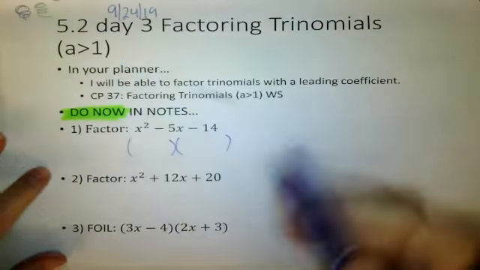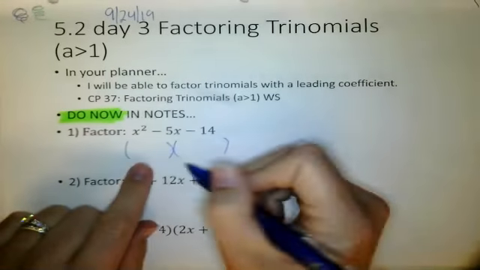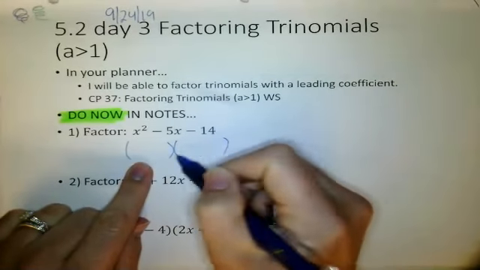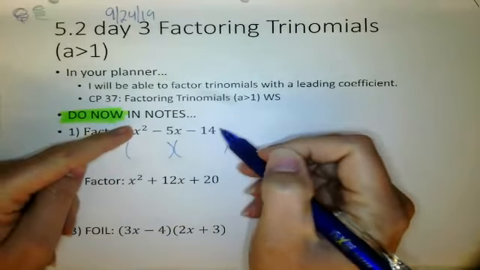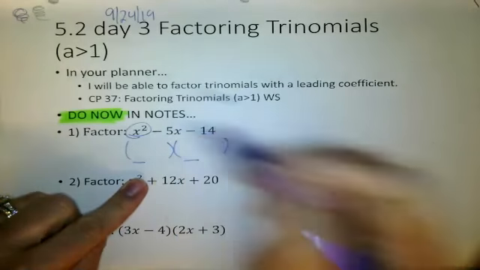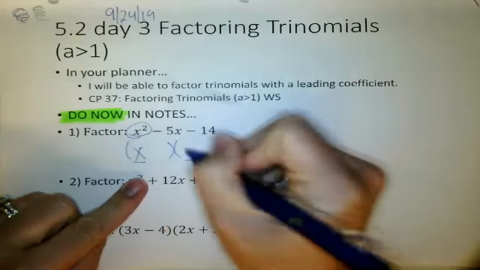Factoring is pulling something apart into its little factors that can be multiplied together to give you this result. Yesterday we talked about first times first had to be the first thing. What times what is x squared? X times x.